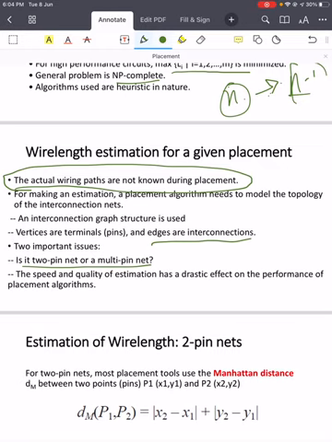Another important aspect is how fast a given wire length estimate can be computed, because ultimately you are going to run an algorithm on a computer. If your estimation technique is very computationally expensive, that won't be a good thing. So you have to consider the computational complexity. The speed and the quality of estimation have a drastic effect on the performance of the placement algorithms.